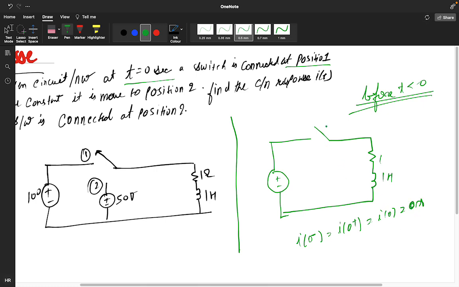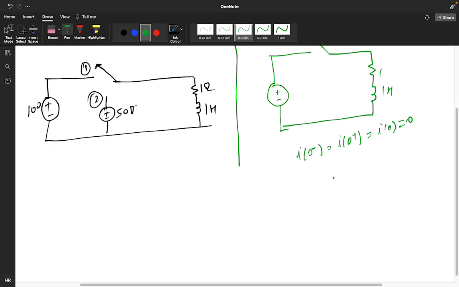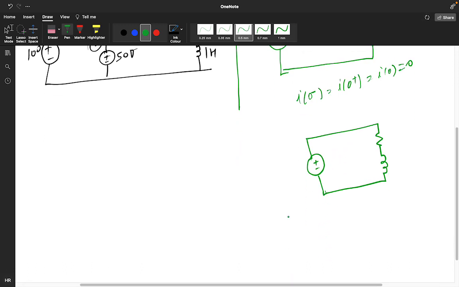When we connect this switch, this particular circuit will become like this. Now for t greater than 0, this circuit is for t greater than 0. So this will become short circuit.